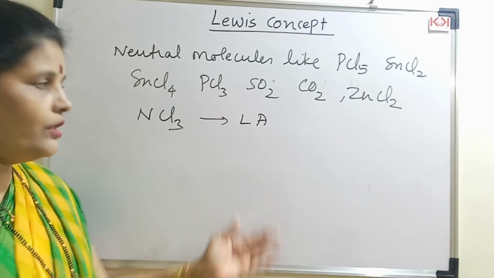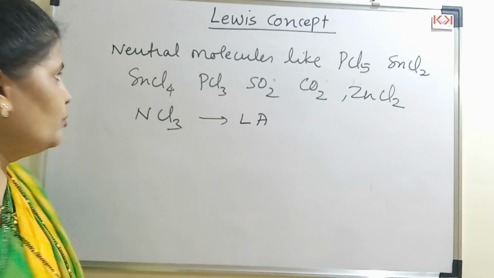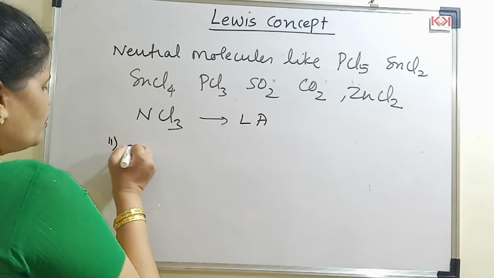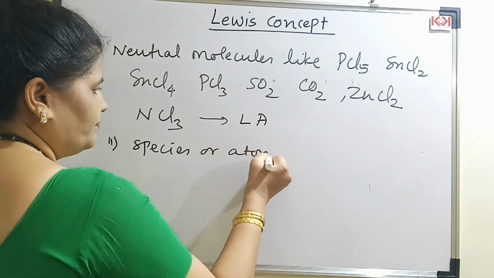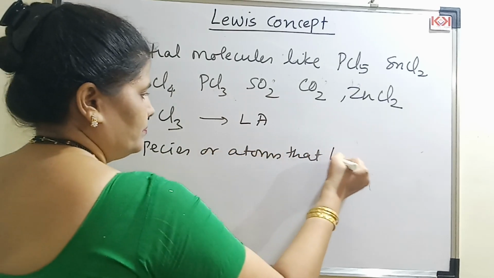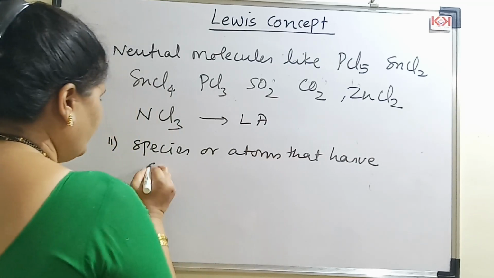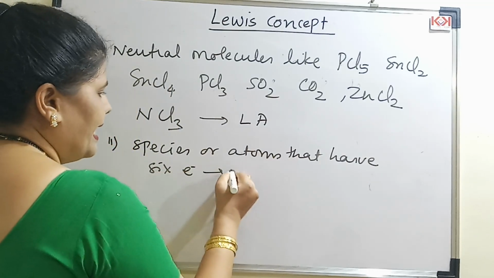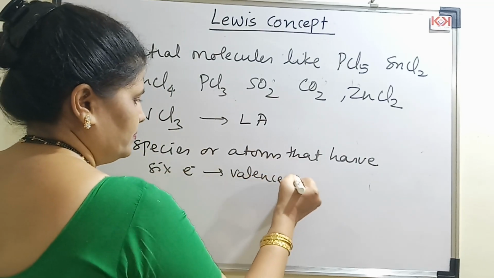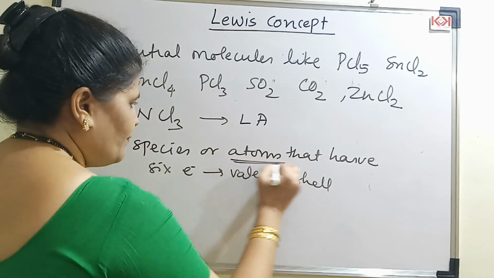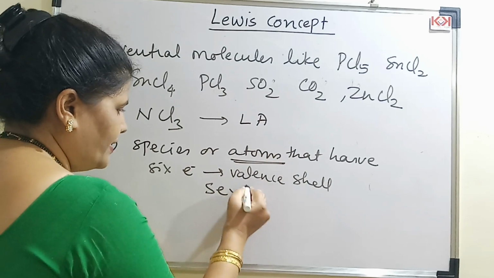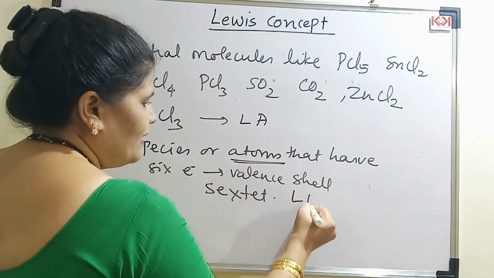But before going for the shortcut, let us finish off the last rule. And the last rule is those particular species or atoms that have 6 electrons in their valence shell. Means what, student? The atoms which will complete their sextet, they are Lewis acids.